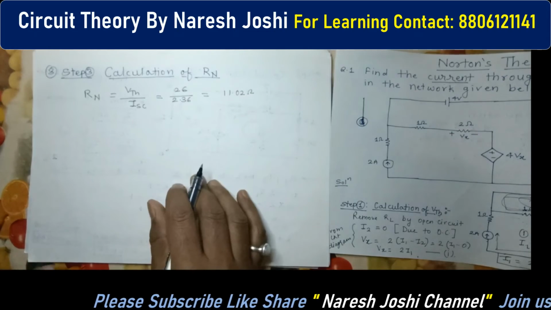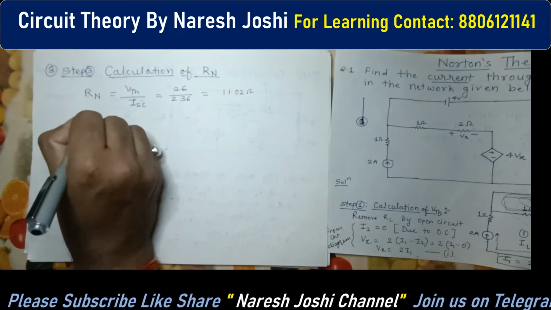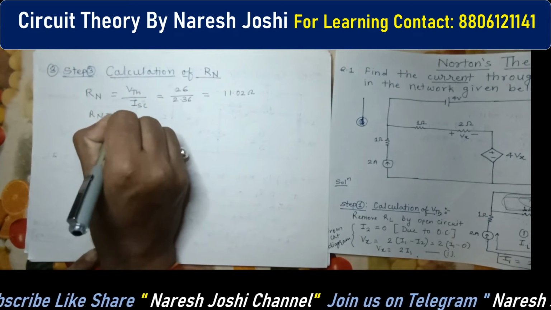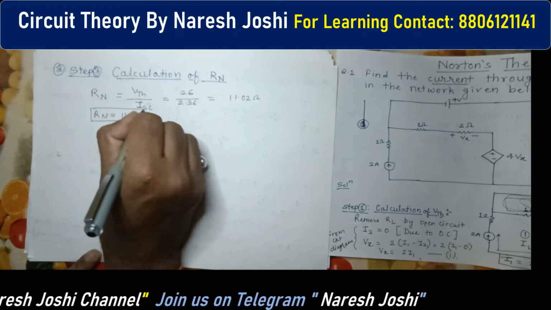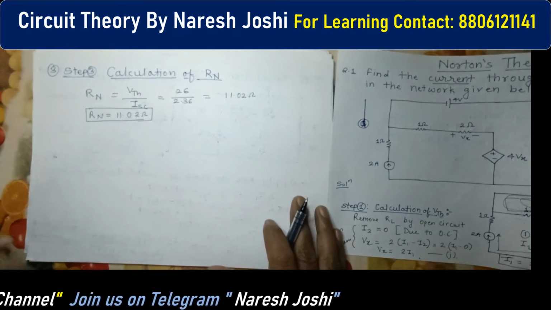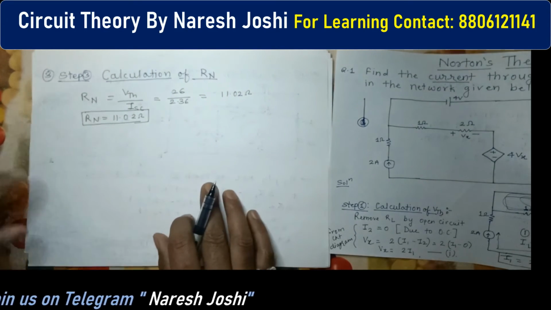Okay, so this is in ohms. So the value of Rn is 11.02 ohm. Clear? So this is the value of Rn.